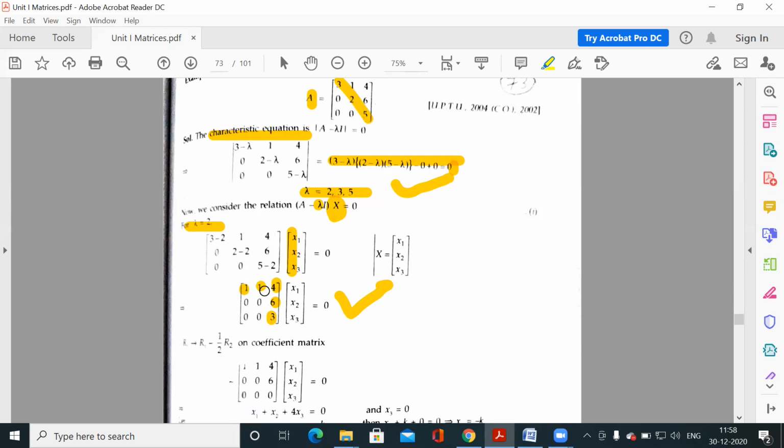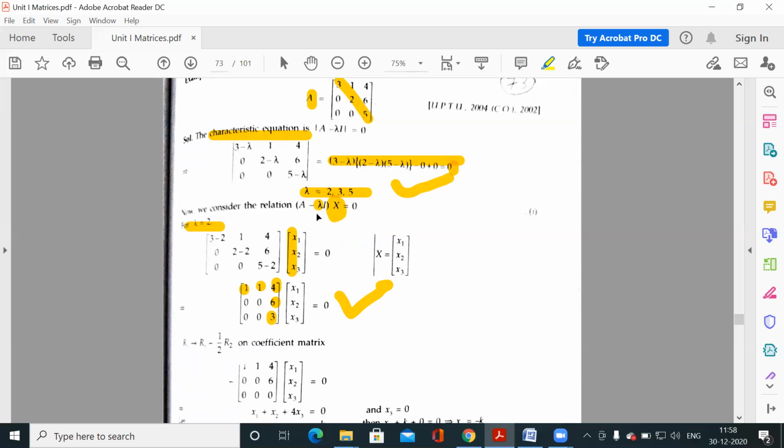If you remember, a homogeneous system is always consistent, meaning it always has one solution, the trivial solution, and we have to search whether it has non-trivial solutions also, because the definition itself mentions that we need a non-trivial solution.